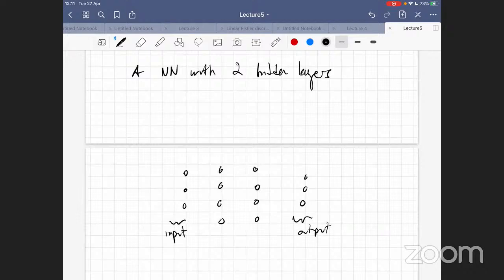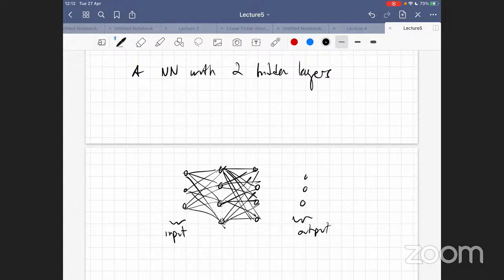And now you realize that you need another set of matrices, right? So this is the matrix from the input to the first layer, but now you need the matrix of parameters from the first layer to the second layer, right? Something like that. And this is only one architecture.